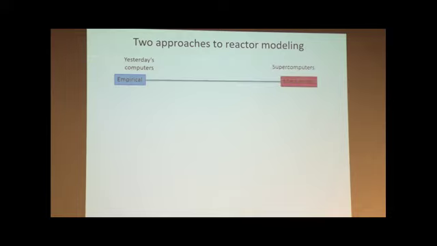On the far right-hand side, let's say we have supercomputers and that we can do true mechanistic modeling. A bit of an exaggeration, but let's just say it. And then let's say the reality is usually somewhere in the middle, where we have hybrid models, and we have clusters, and we have modern desktop or single-node servers. And what we can do with each, we have to be very clear about.